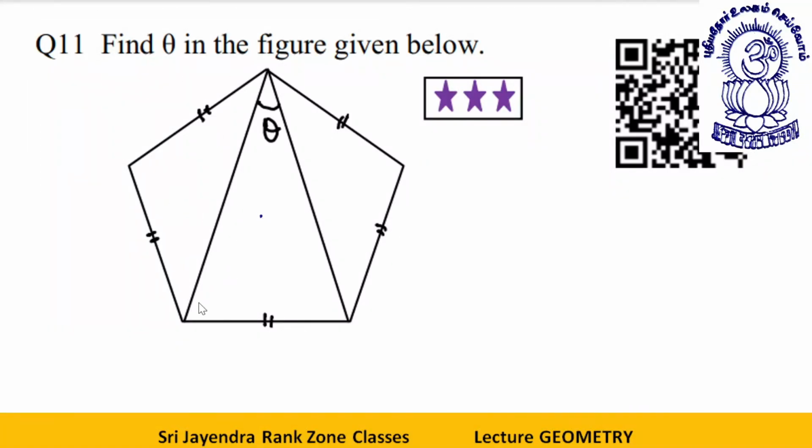Now, dear students, this is a pentagon. If I talk about this one angle, there will be five equal parts of this angle. Getting it? So this particular angle will be 360 by 5, that is equal to 72 degree. If at the center this angle is 72 degree, here it will be 36 degree. Can anything be easier than this? Honestly, dear students, can you even think of anything easier than this? Let's move ahead.